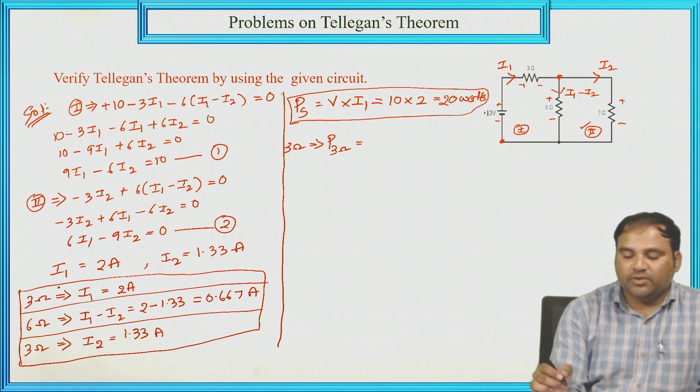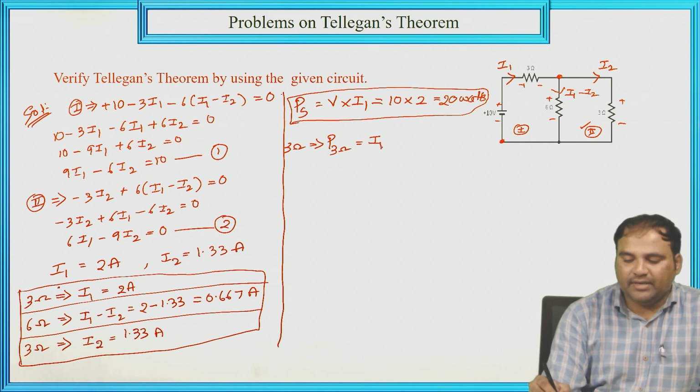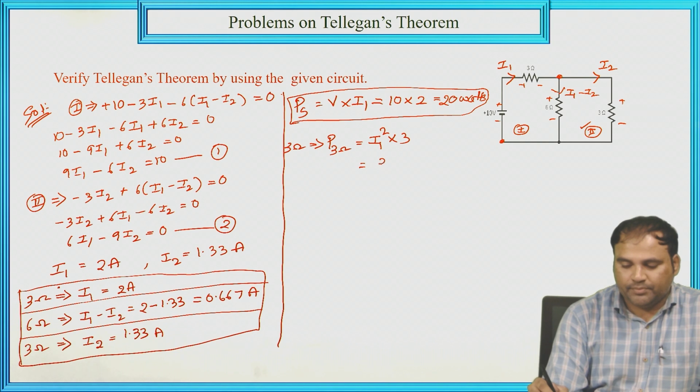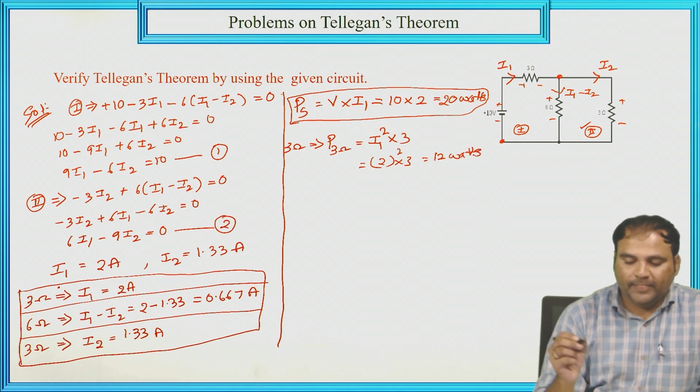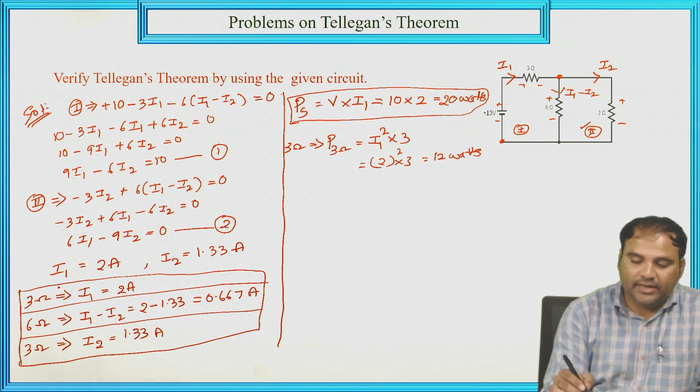So power through 3 ohm is, at 3 ohm the current is I1, so I1 square into R. In the place of R we have the 3 ohm resistor, that is 3. I1 is 2, so 2 square into 3 equals 12 watts. That is the power through the 3 ohm, 12 watts.